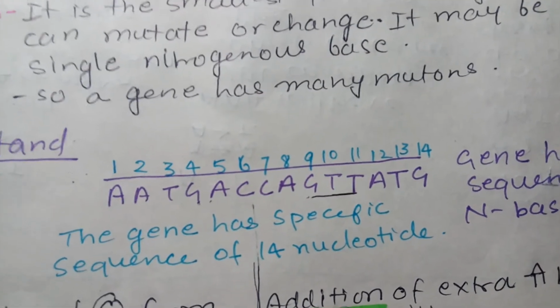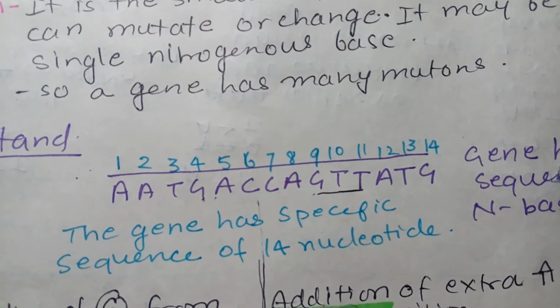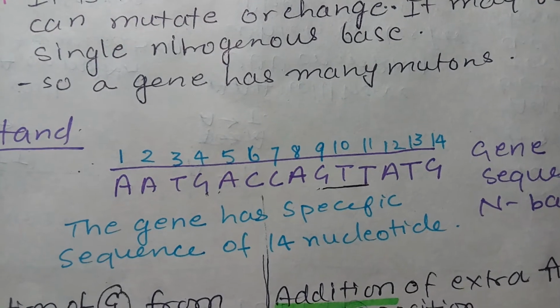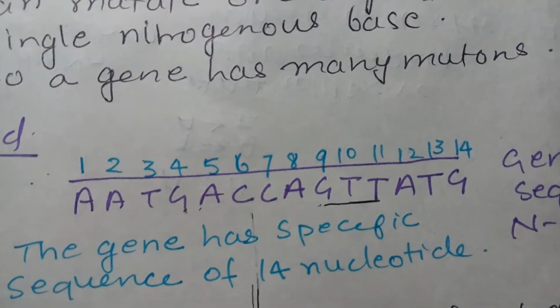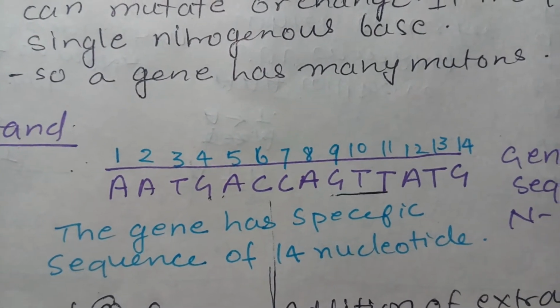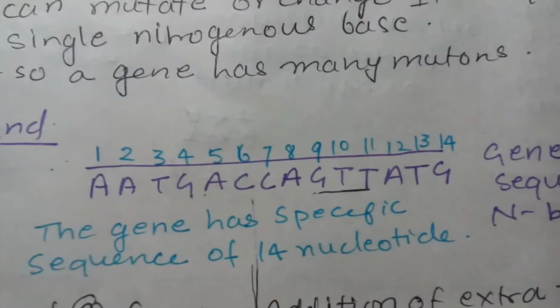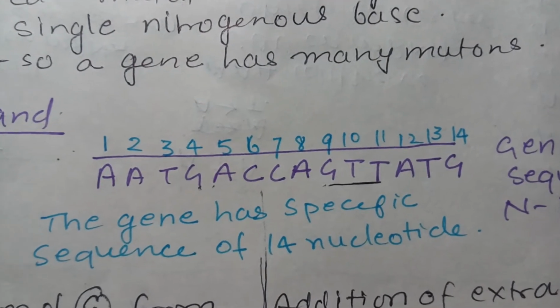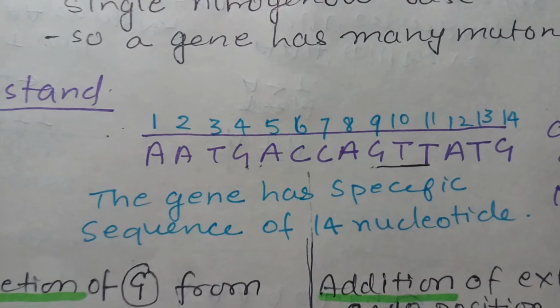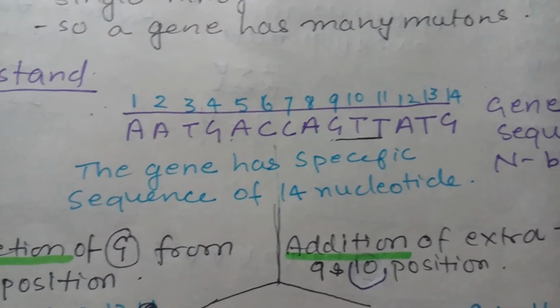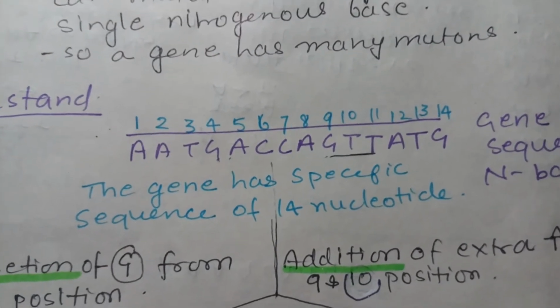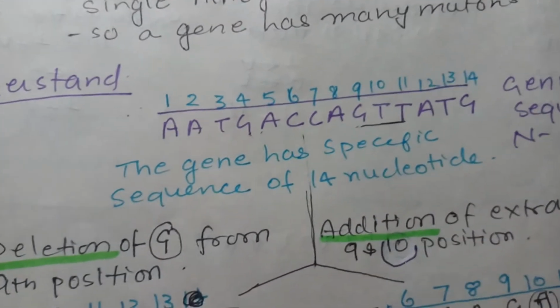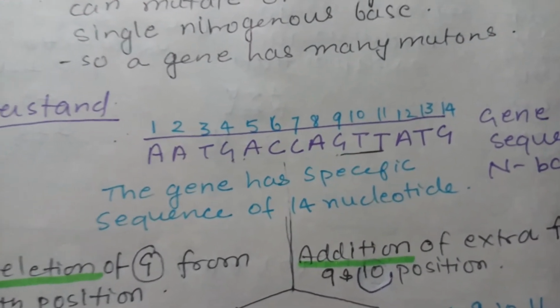Now 1 to 14 over here, I've given numbers to the nitrogenous bases. Let's say this represents the sequence of nitrogenous bases in DNA, or we can say a part of DNA, or a gene. It has a specific sequence where 14 nucleotides are present.